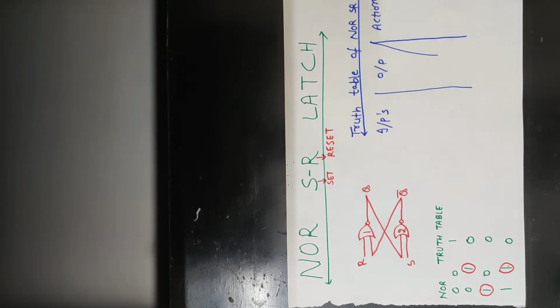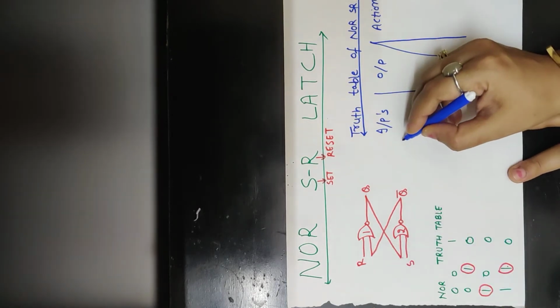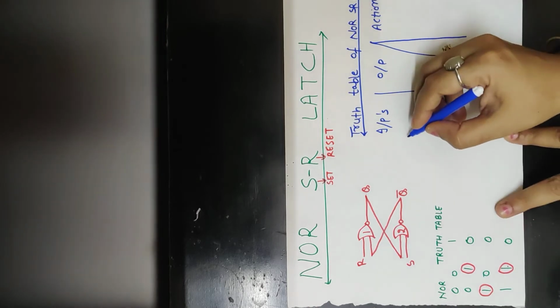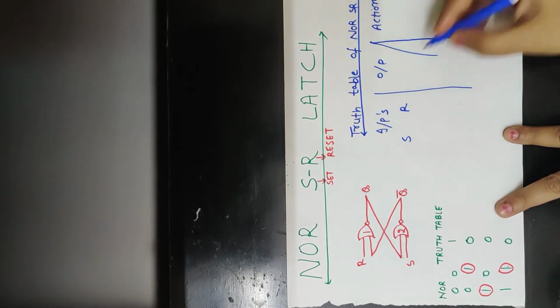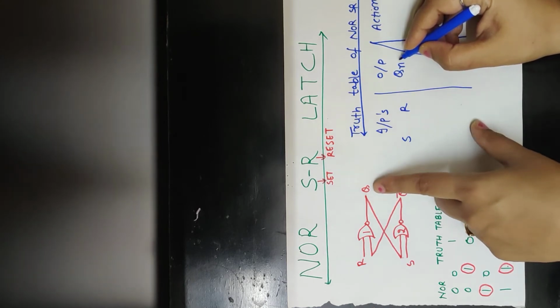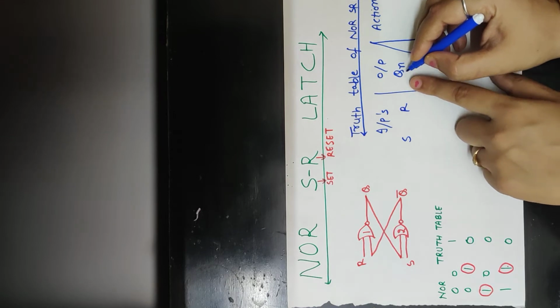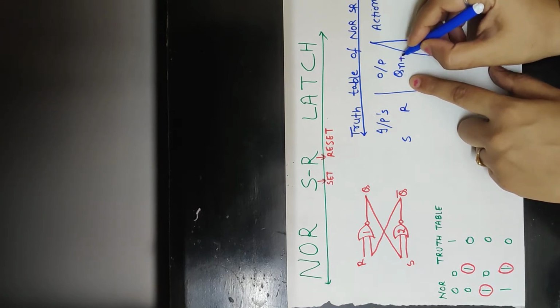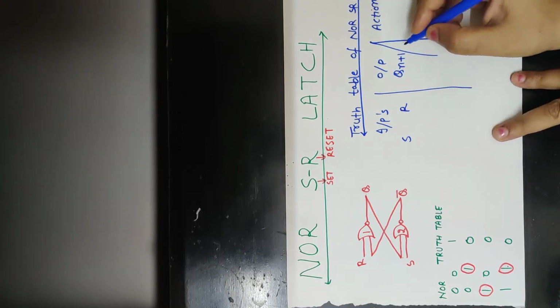So we know that we have two inputs S and R, so we can write the two inputs S and R, and the output will be, we know that a flip-flop always stores the output corresponding to Q, so we are taking the output as Q, and now I am adding this suffix Qn plus 1.